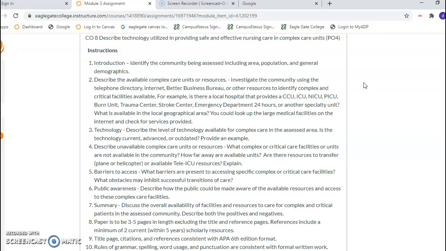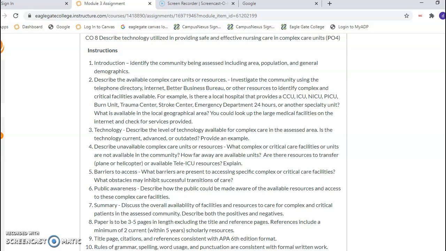Then the barriers to access: what would be your barrier to getting to these specific complex care units? Transportation, finances, language, what type of barrier would limit your access to these types of units.